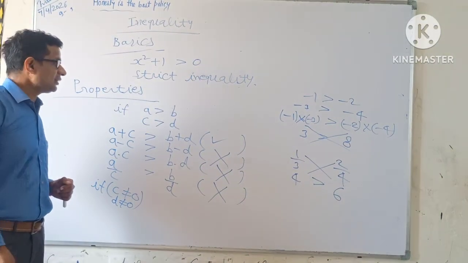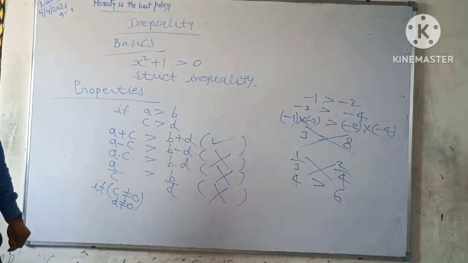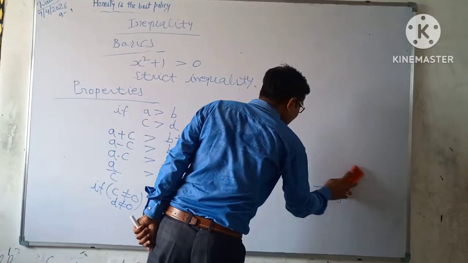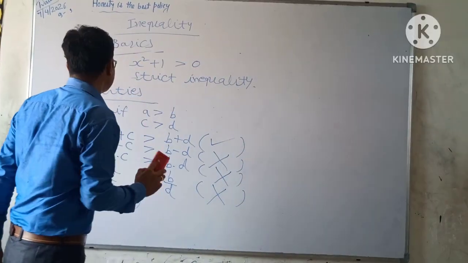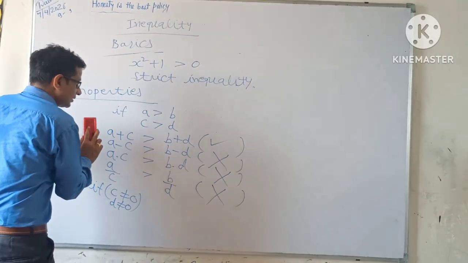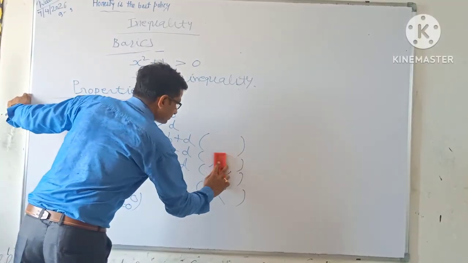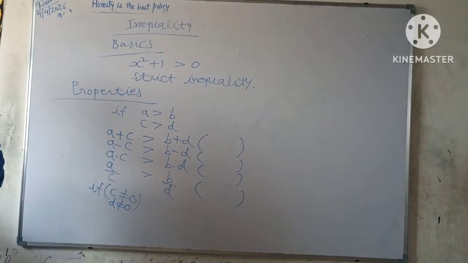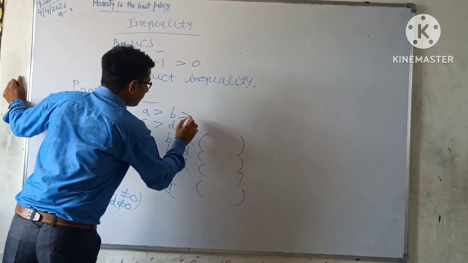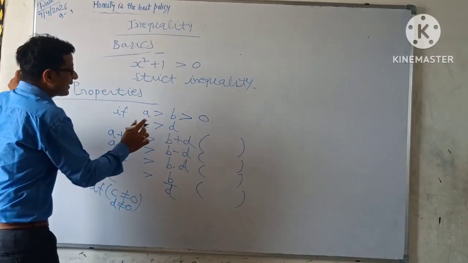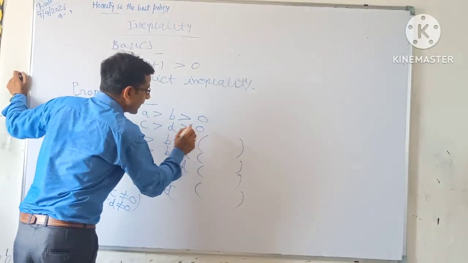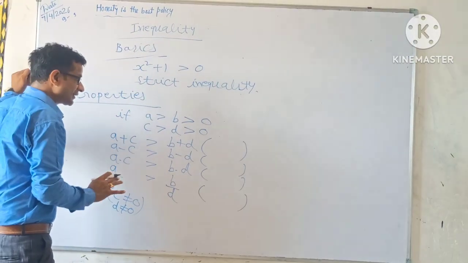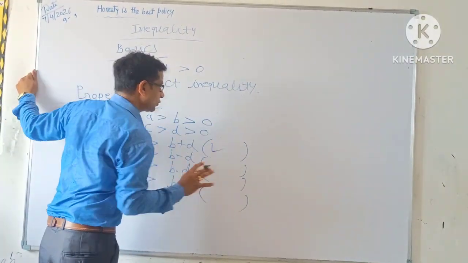Now, if we take another condition, if A greater than B, C greater than D, and both are positive also, then need not think about A plus C greater than B plus D. It is universal truth. It will be true.